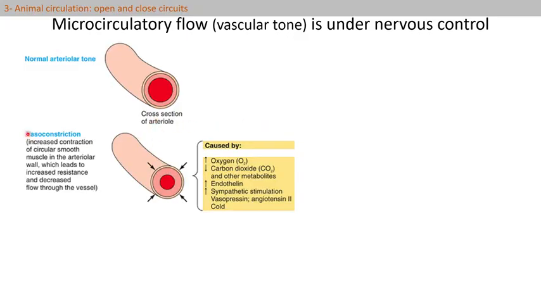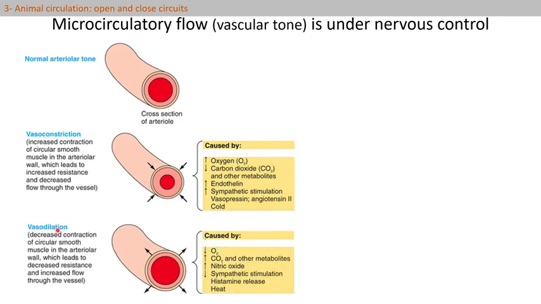But you can sometimes vasoconstrict, which means increase contraction of the muscles and decrease the radius or diameter of the pipe, or you can vasodilate, decrease the contraction of the muscle and increase the diameter, based on physiological regulation. So nerves and hormones can alter vasoconstriction and vasodilation. When there's vasodilation, you bring more blood flow to a tissue. When there's vasoconstriction, you bring less blood flow to a tissue.